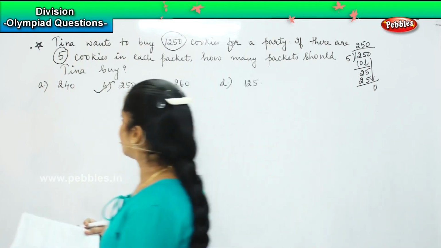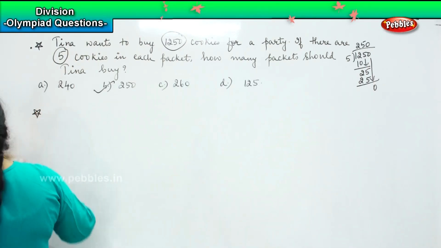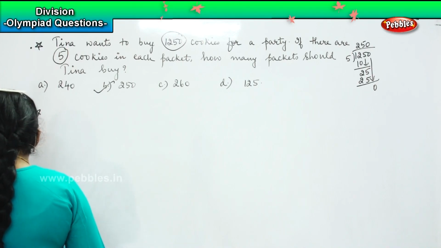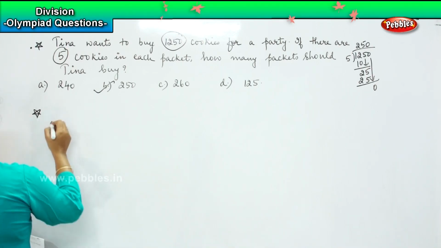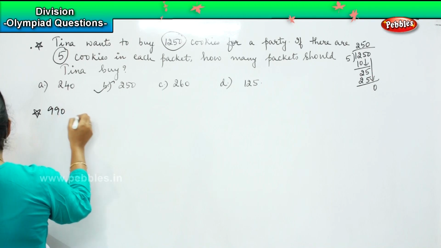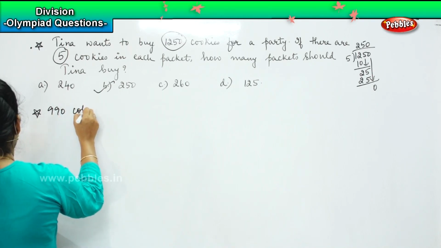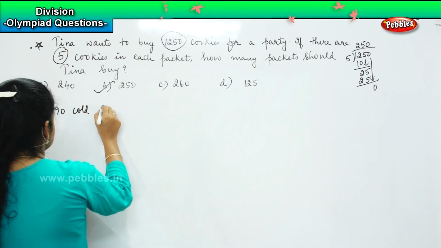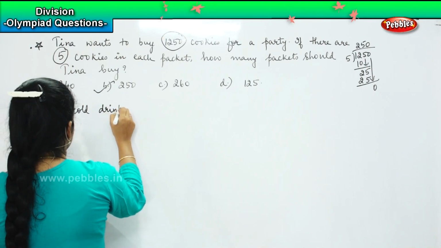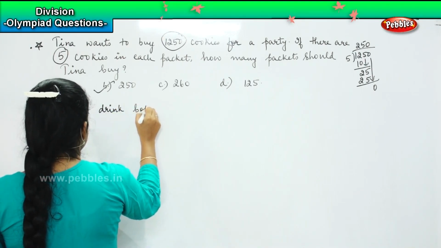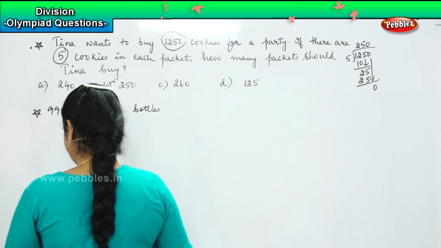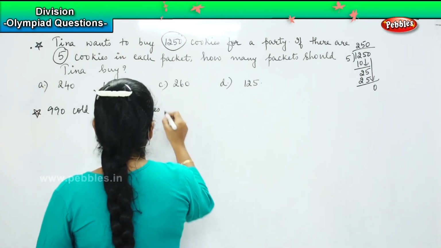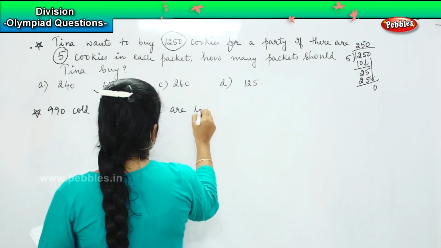Okay, so here is my next question. The question says 990 cold drink bottles are to be placed in a crate.